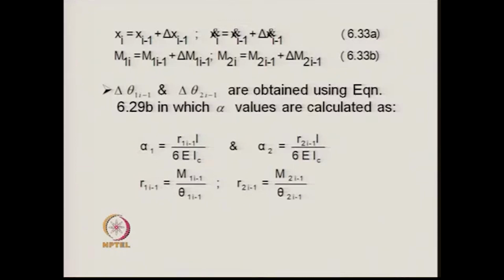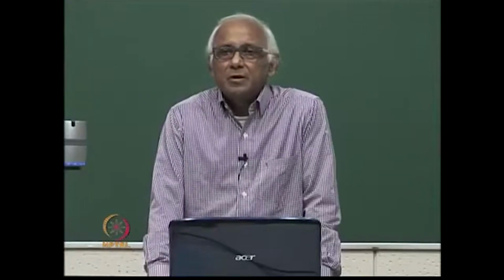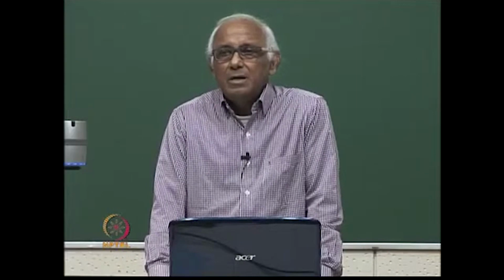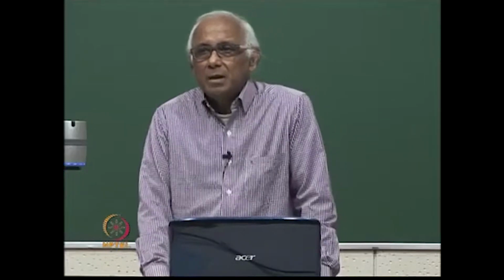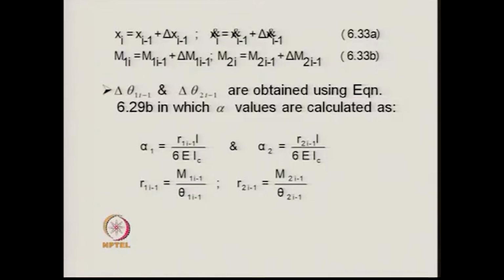Similarly, we record the velocity x dot I that can be obtained by finding out the velocity at the I minus 1th step, that is in the beginning of the delta t time, and after we have calculated the response over the incremental loading, then we get the delta x dot I minus 1, and when we add them together we get the value of the velocity at the ith time station.